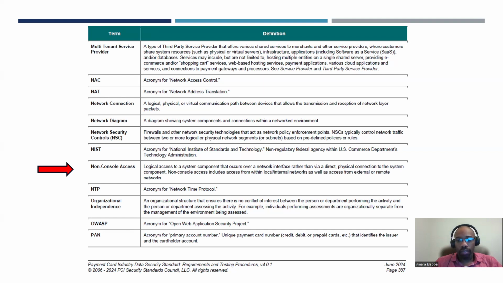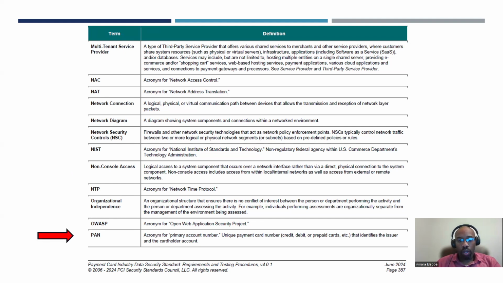So for example, people that work remotely but have to log into the server, that is what we consider non-console access. However, if you are in the data center touching the machine, logging into that machine, then that is considered console access. So you have to understand the difference.